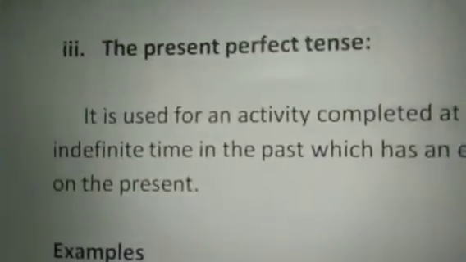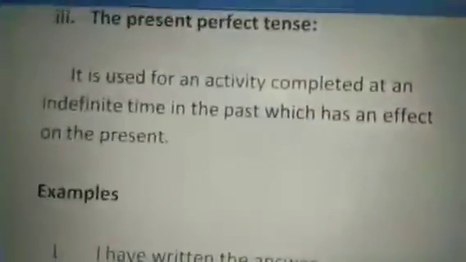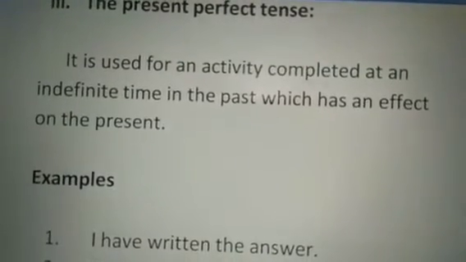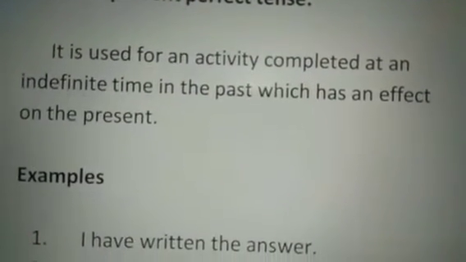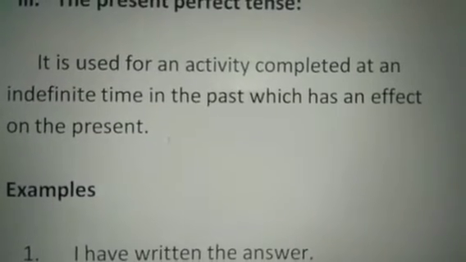Now the third type is the present perfect tense, which is used for an activity completed at an indefinite time in the past, which has an effect on the present.